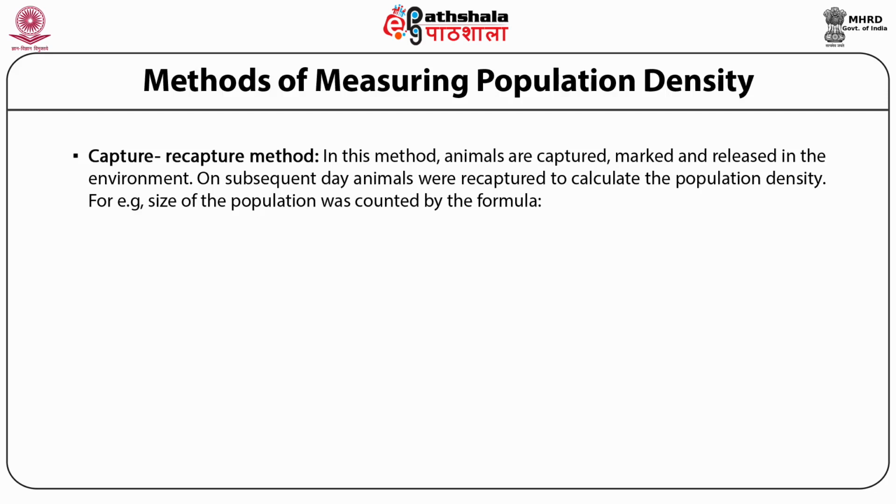On a subsequent day, animals are recaptured to calculate the population density. The population at any time will have marked and unmarked individuals. The proportion of marked individuals in a later sample is used to determine the total population.